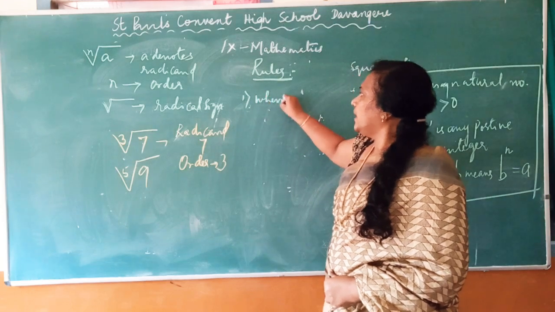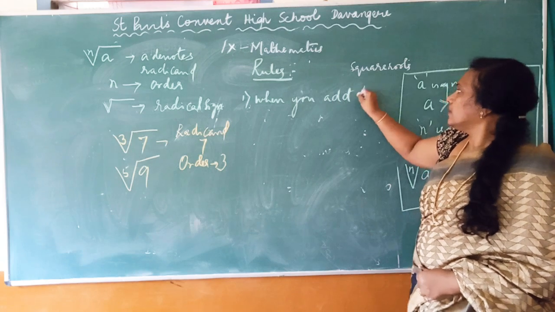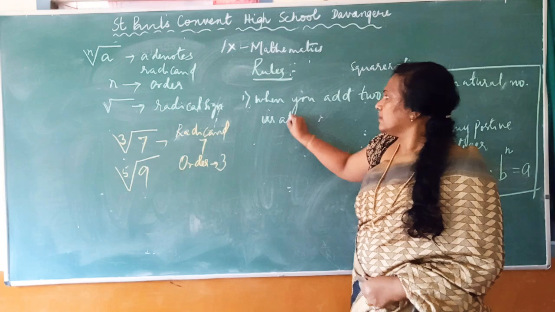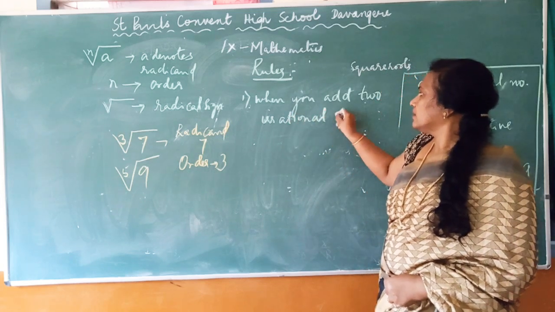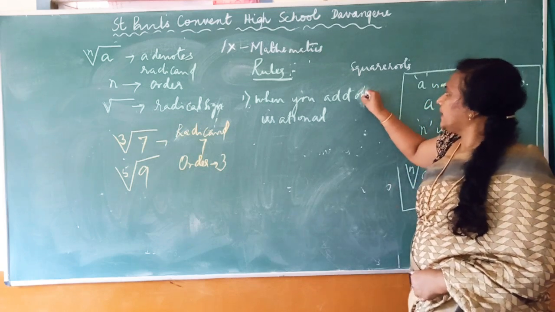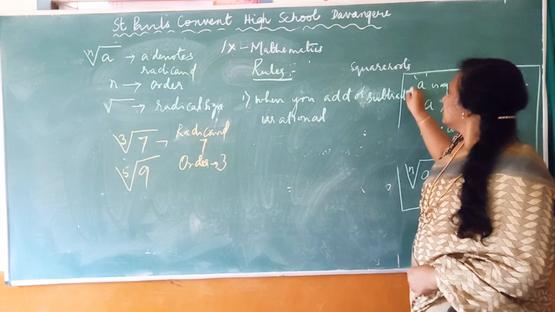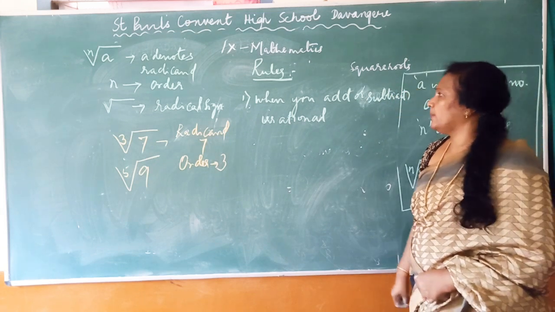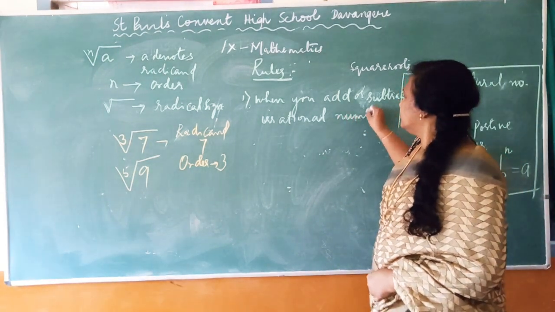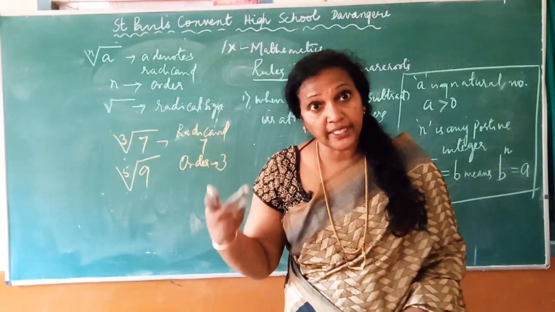When you add or subtract irrational numbers, what are the rules you have to keep in your mind?